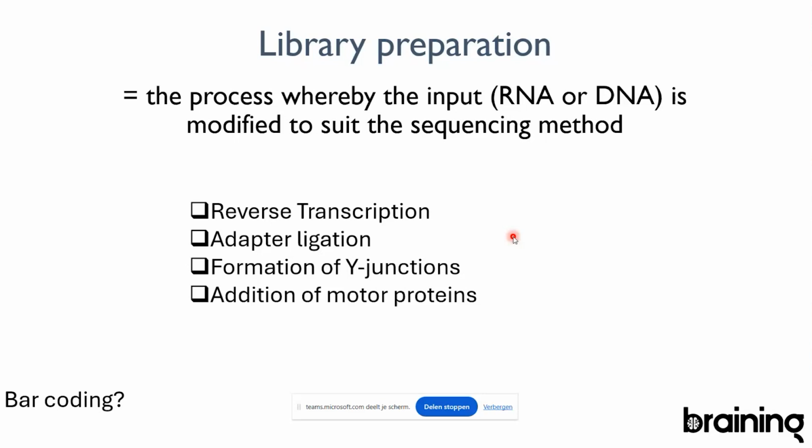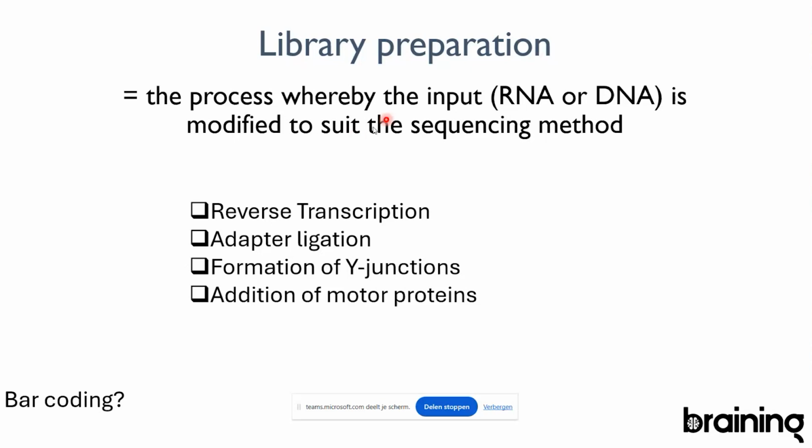You remember from the Illumina sequencing, basically what you have to do is you have to put adapters on each side of the DNA for it to be able to bind to the flow cell, right? And so all these steps that you add to make your RNA or DNA suitable for the sequencing method is called library preparation.